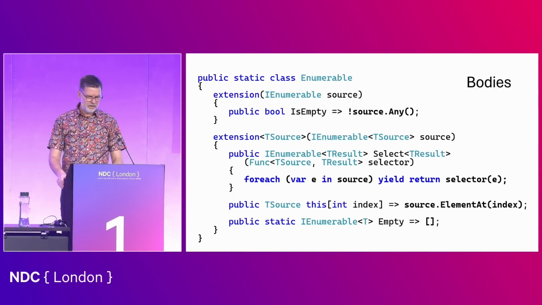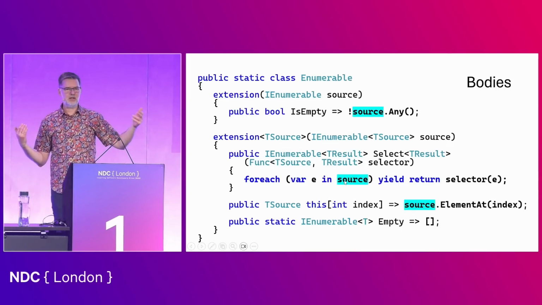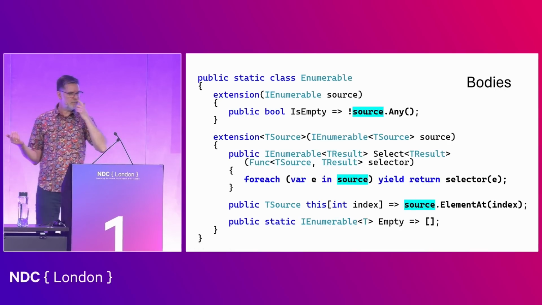And so what we decided is that just like current extension methods, the way you refer to the receiver is with that parameter name. That's probably not surprising if you're used to writing extension methods. So it's called source, and I refer to it as source. That's how we refer to the receiver.